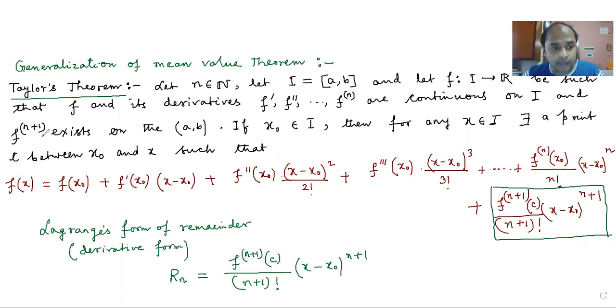And the n plus 1th derivative of the function also exists on the open interval AB. Then for a point x naught in the interval I and any arbitrary x of the interval I, there exists another point C between x naught and x, such that this holds good.